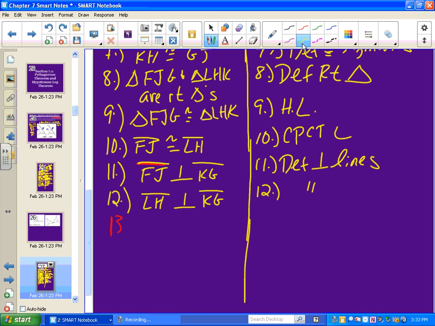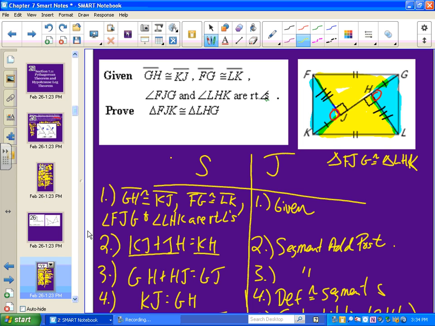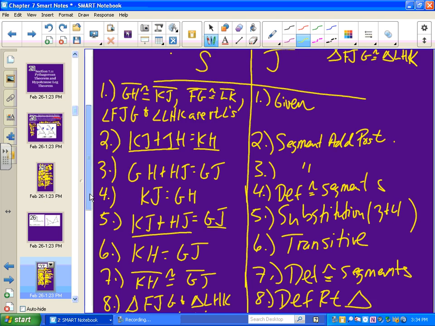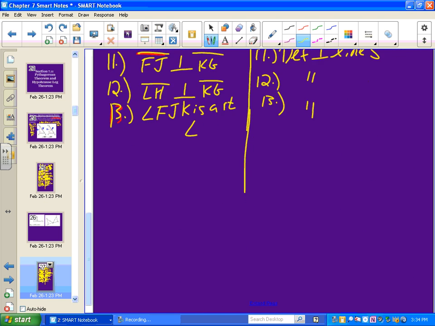And that's the same justification, definition of perpendicular lines. Then angle LHG is also a right angle. And it's the same justification, definition of perpendicular lines.